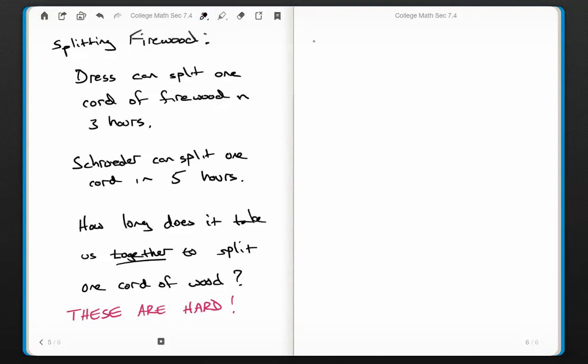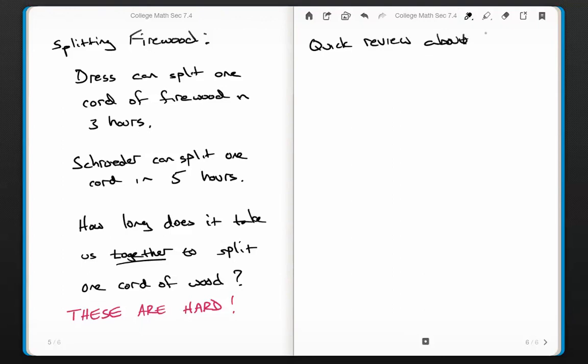Let's quick review or learn about rate. All right. So we're going to say that there's a formula: work equals rate times time. All right, another formula that we've learned here.